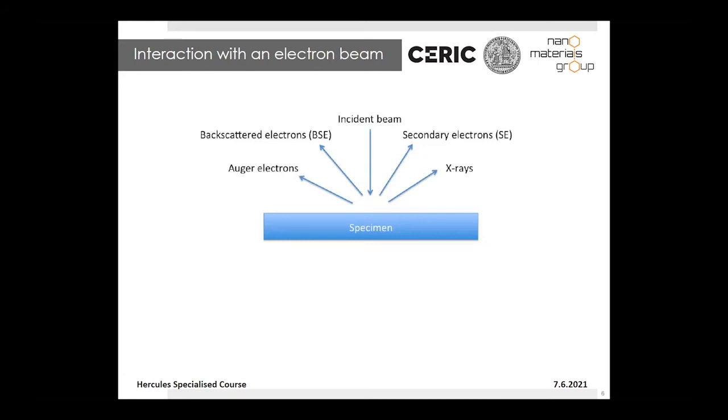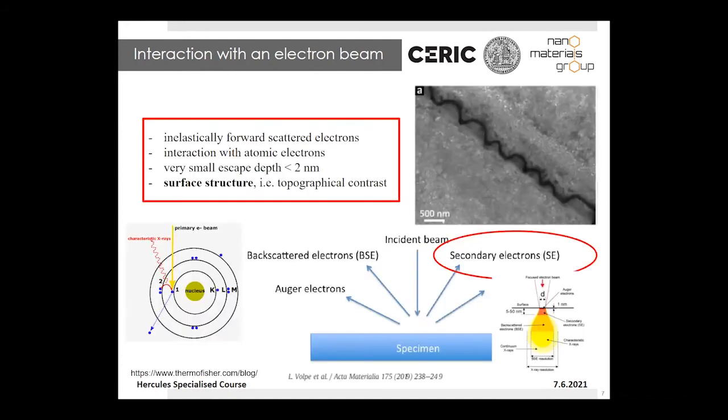So they are secondary electrons, backscattered electrons, X-rays, and Auger electrons. I will go just briefly through them, as Corneliu already said a lot about that. Secondary electrons are inelastically forward scattered electrons.